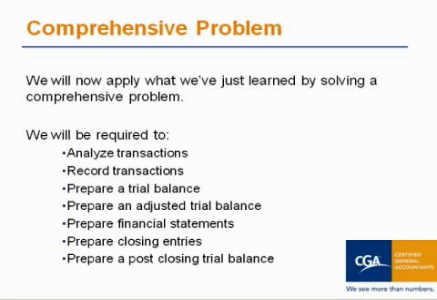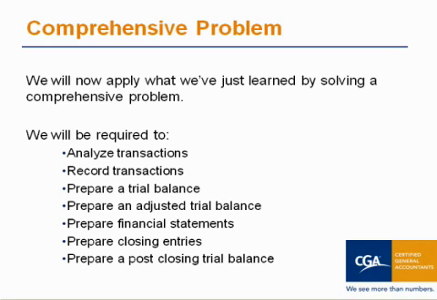So we're going to be walking through a comprehensive problem, and this is a problem that encompasses all of the accounting cycles. You've been given a link to the problem. You've been given a prepared set of T accounts that you can use and prepare your entries and postings as we work through the problem. You've also been given a blank trial balance worksheet to work with, and you can see that it has several sections.